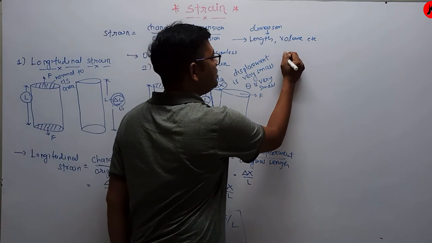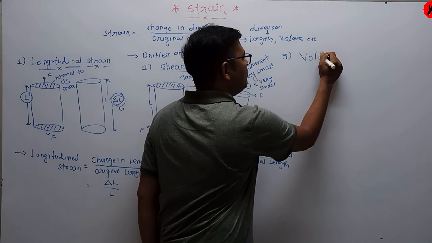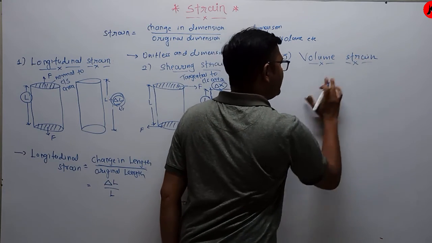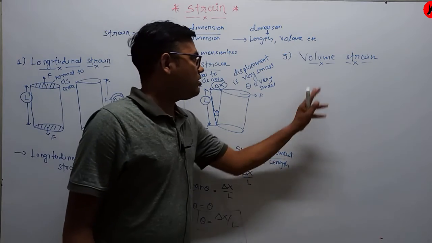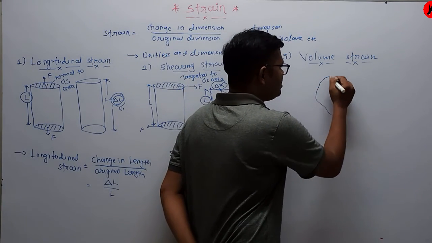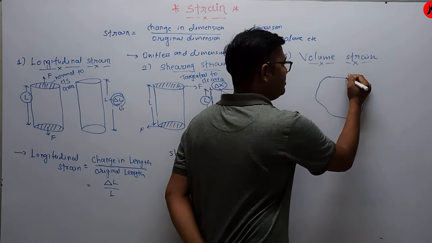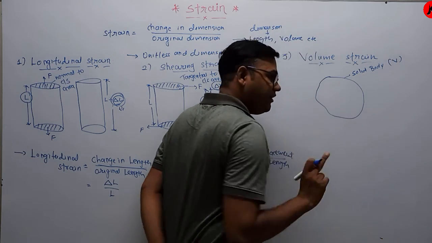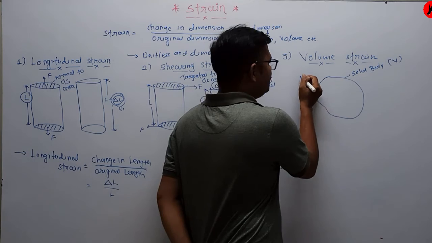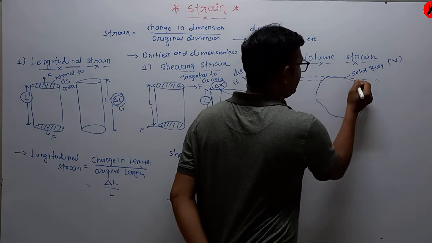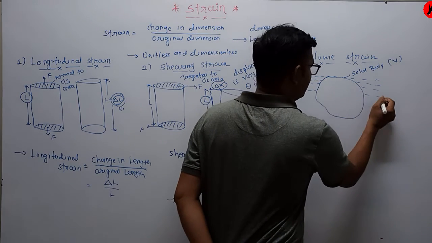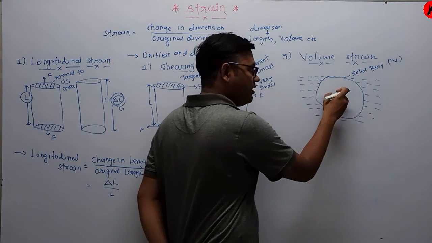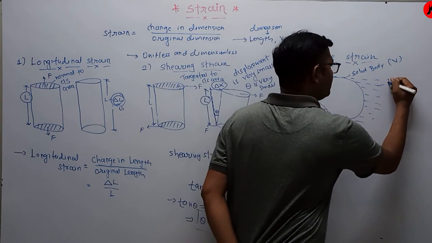And the last type is volume strain. For understanding this definition, let us consider one simple solid body having volume V. Now this solid body is placed in a high pressure fluid.